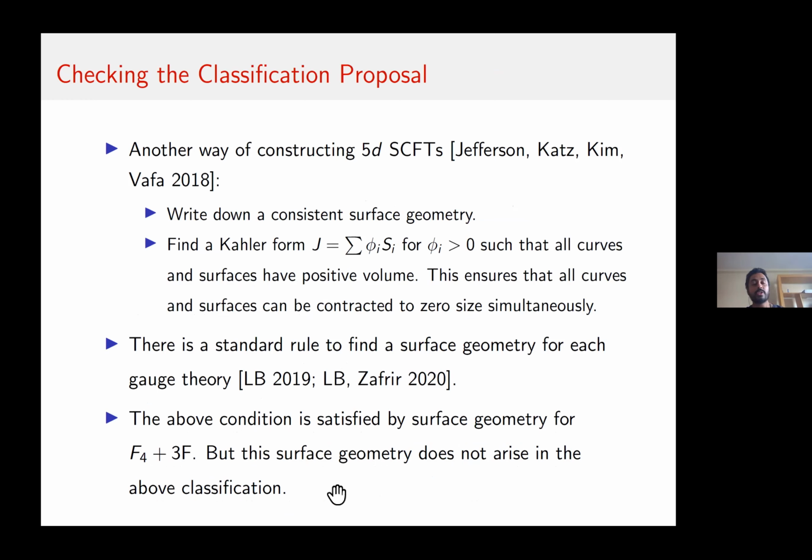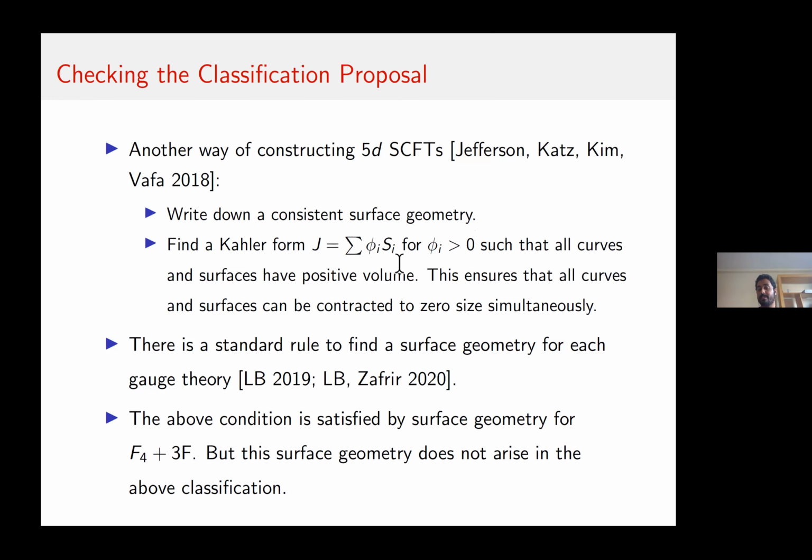Okay, so the question is how to check this classification proposal. And for this, we turn to another way of constructing 5D superconformal field theories using surface geometries. In this way, we pick some surfaces and some consistent gluing data so that we have a consistent surface geometry. Then our task is to find a Kähler form, which can be written in terms of only the compact surfaces inside the Calabi-Yau threefold.